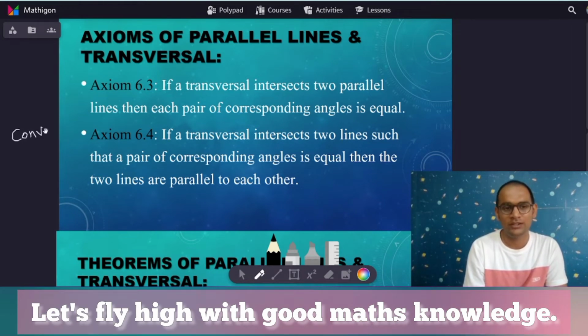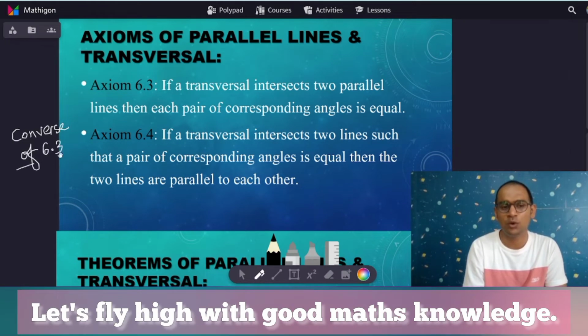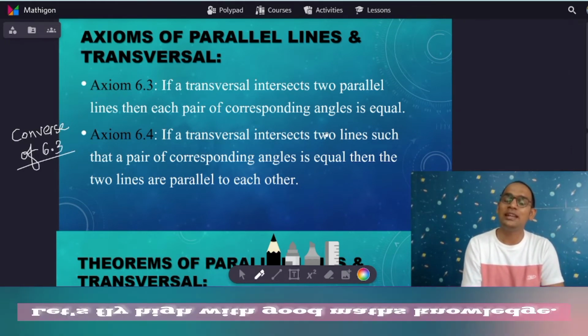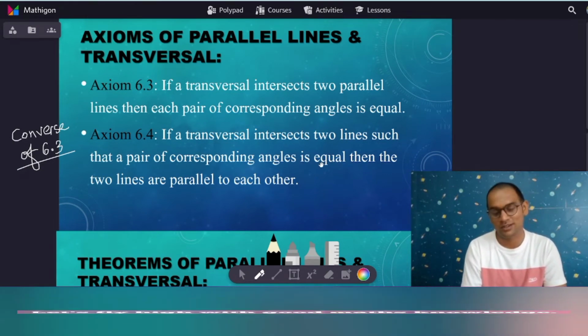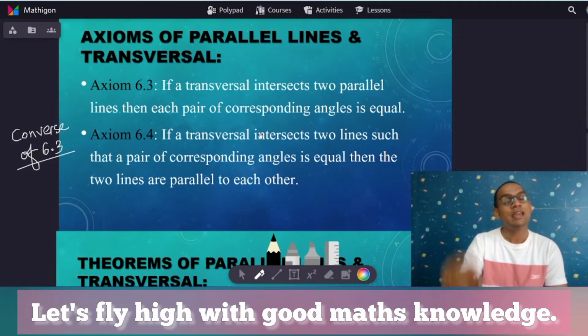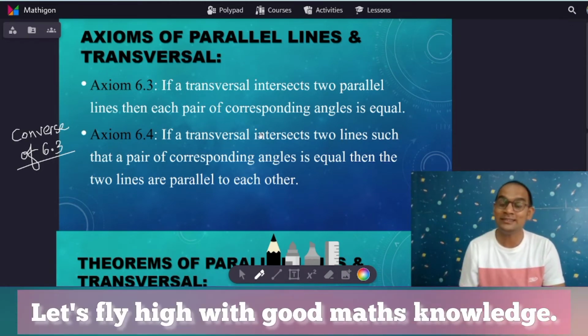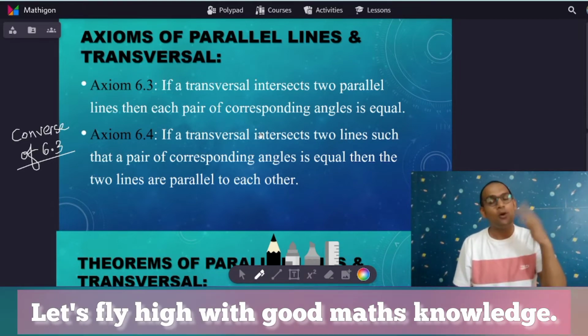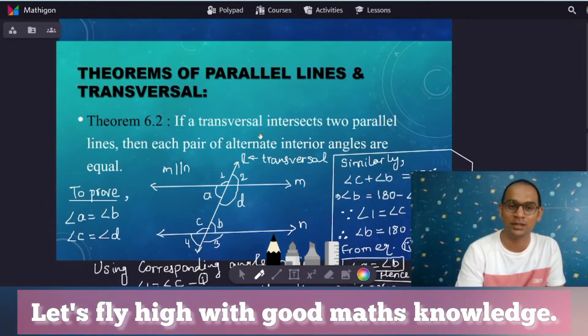We can mention it as axiom 6.4, which states: if a transversal intersects two lines such that a pair of corresponding angles is equal, then the two lines are parallel to each other. I hope that makes sense. Here the corresponding angles are equal, and the result is the lines are parallel. These two are axioms. Now, once these axioms are stated, we can go for proving other properties.